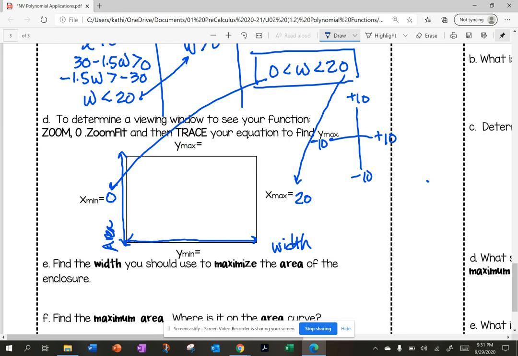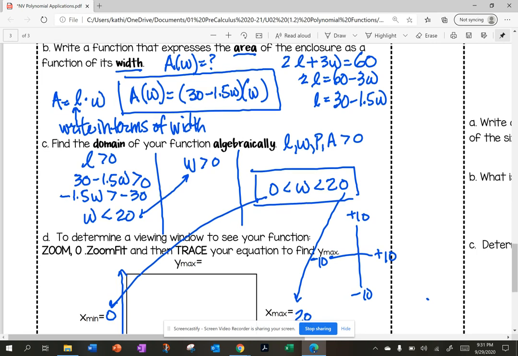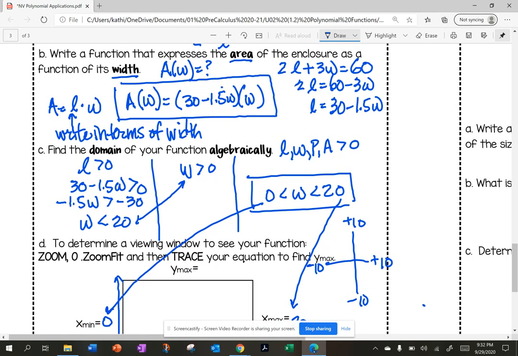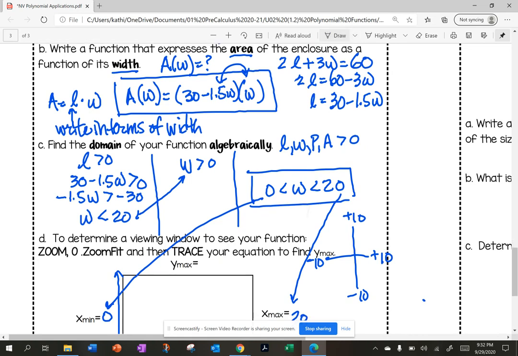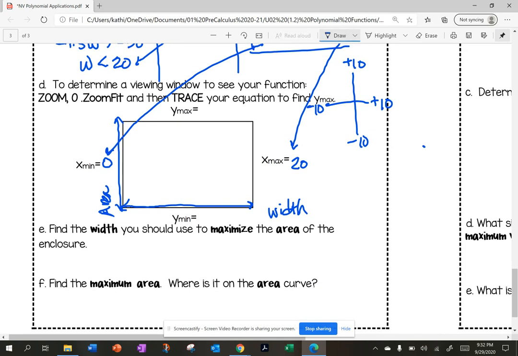So next, I know without drawing, if I want to multiply out to find what my leading term is, I know I'm going to multiply negative 1.5w times w. So I'd get negative 1.5w squared.